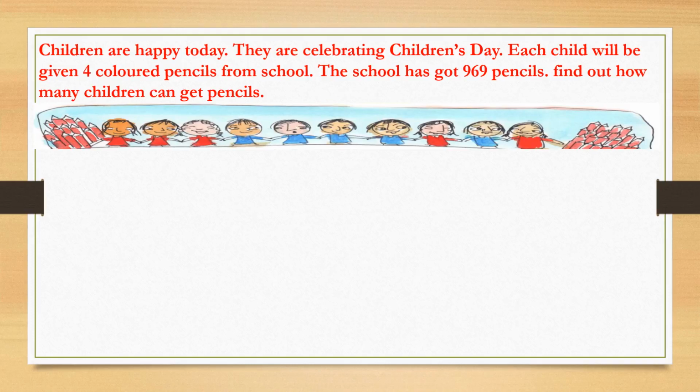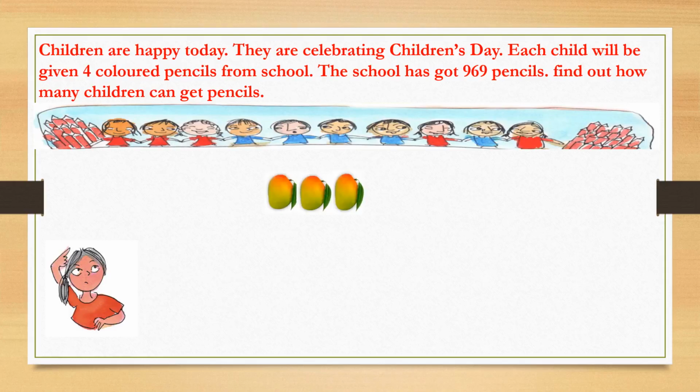Let's understand this word problem with the help of an example. If I have 12 mangoes and I am giving 3 mangoes to each child, then to how many children can I give the 12 mangoes? I give 3 mangoes to one child.